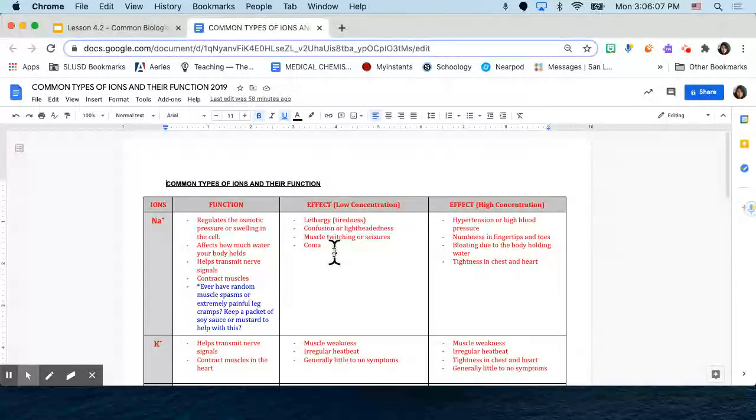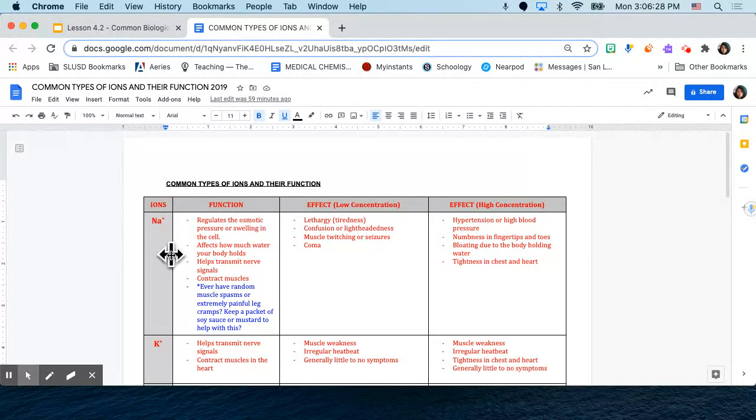If you do need a physical copy, let me know, and I can link that to you directly as well. I'm just going to go over how to read this document rather than read every single one separately, since I'm pretty sure you can read on your own.